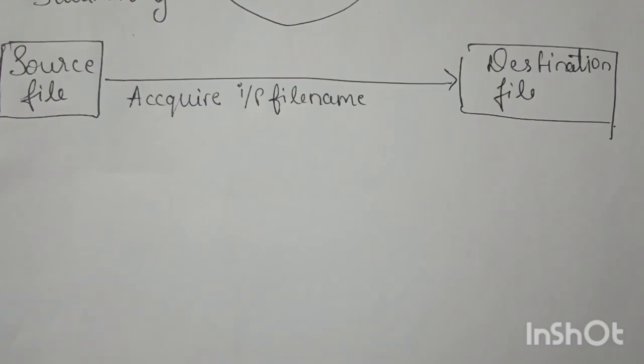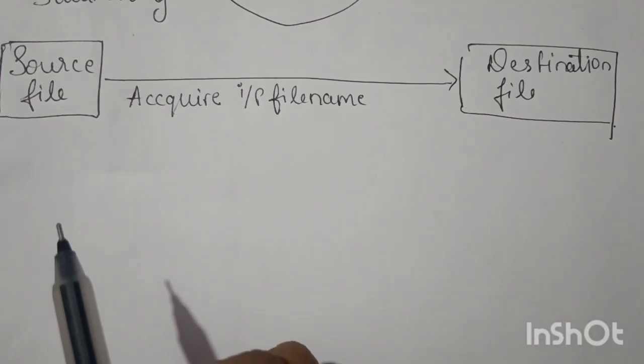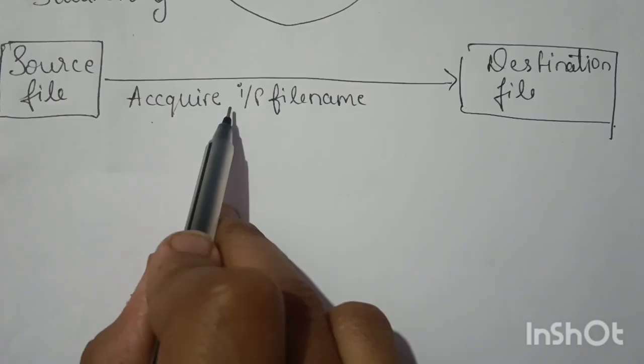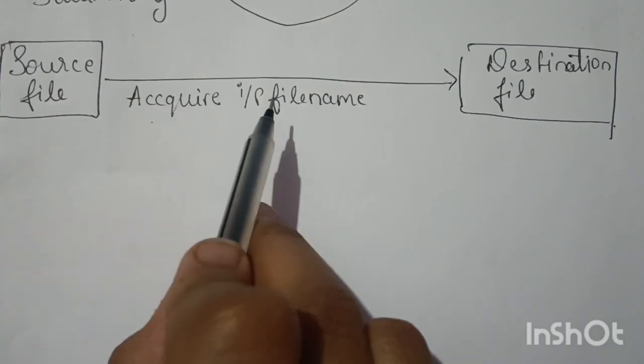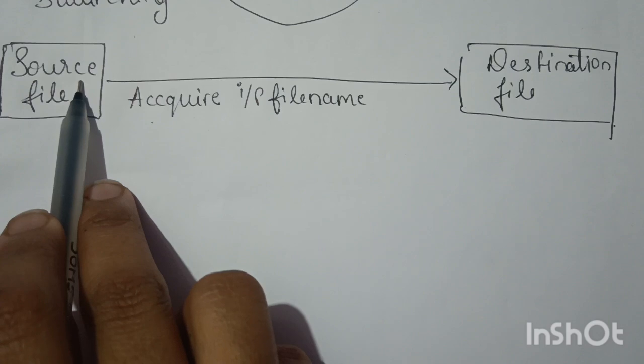Now you might have seen in some programs a printf statement, enter the number of columns, enter the number of rows. That prompt should be seen on your screen, then only can I enter the input file name. In the same way here, one system call will be called to know which input file to search for the content.